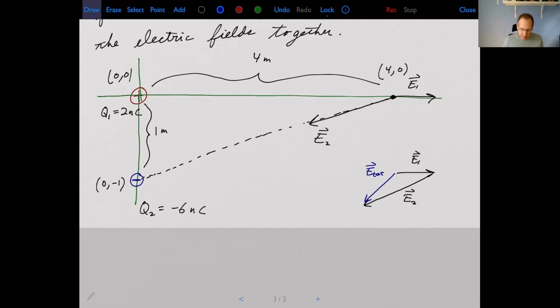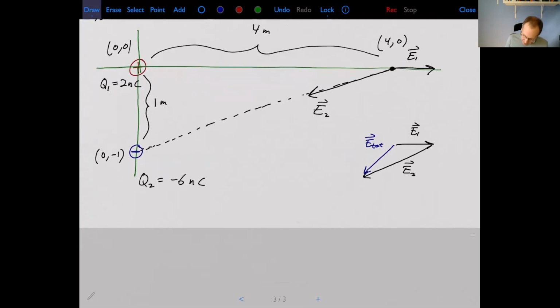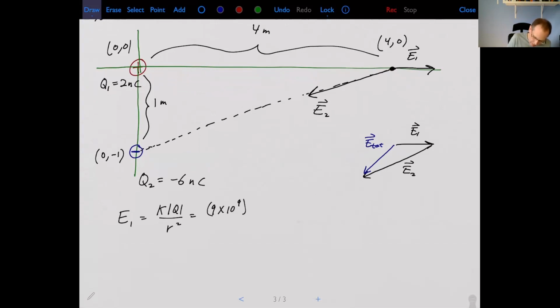Okay, so to do this, let's first find E1 and E2. Well, E1 is not too bad. Remember, that's the electric field due to charge 1. I can find its magnitude because we know it's going to be K times the absolute value of Q over R squared. K, of course, is 9 times 10 to the 9th. The absolute value of Q is 2 nanocoulombs, so that's 2 times 10 to the -9th.